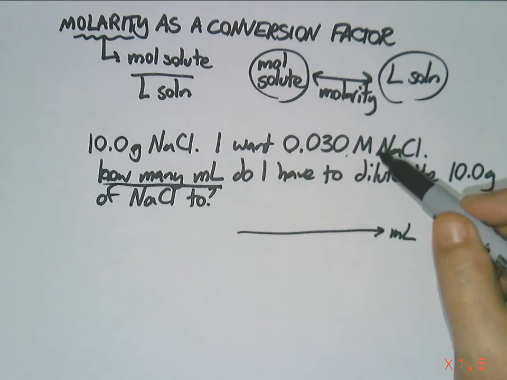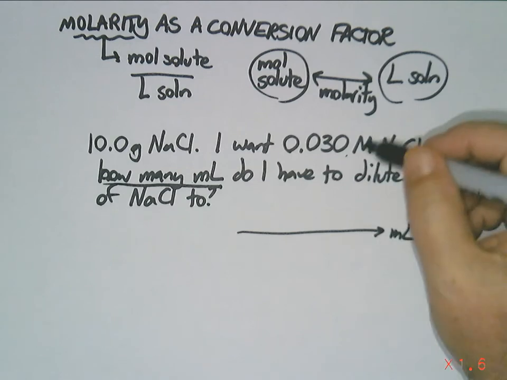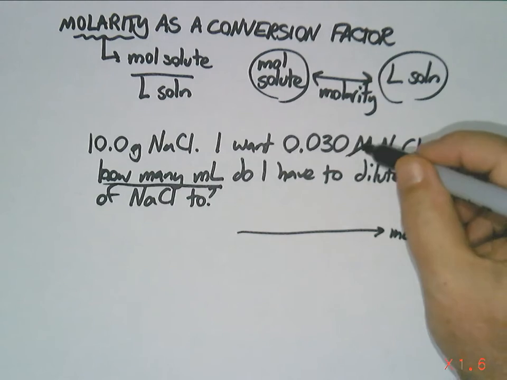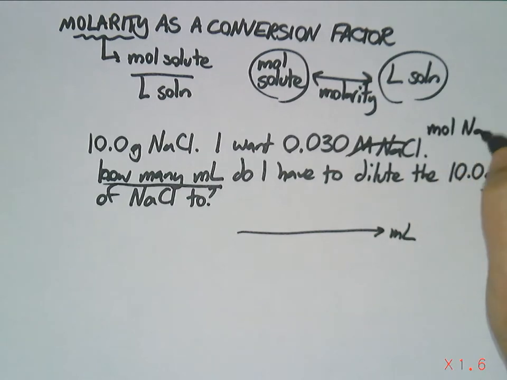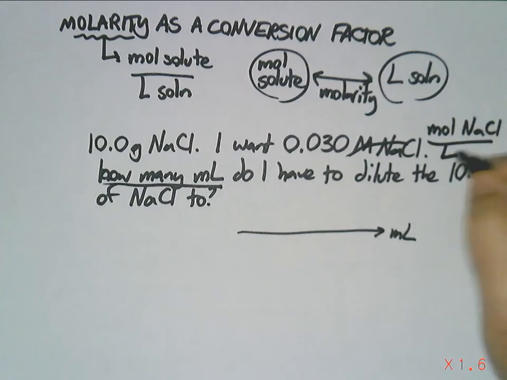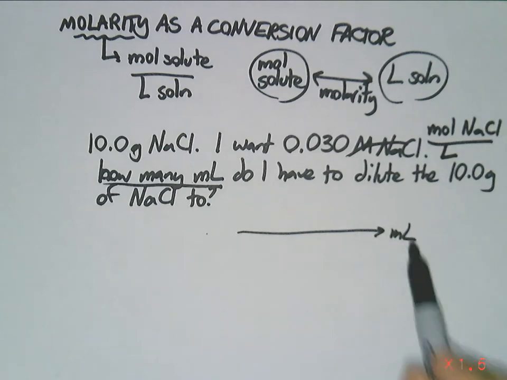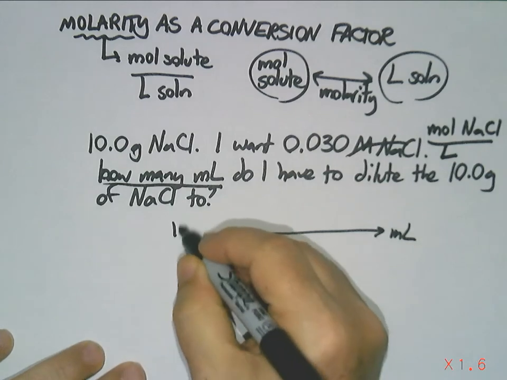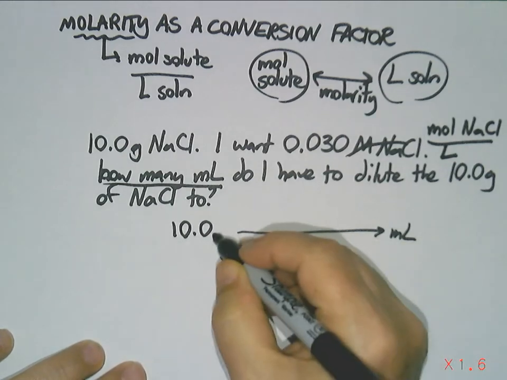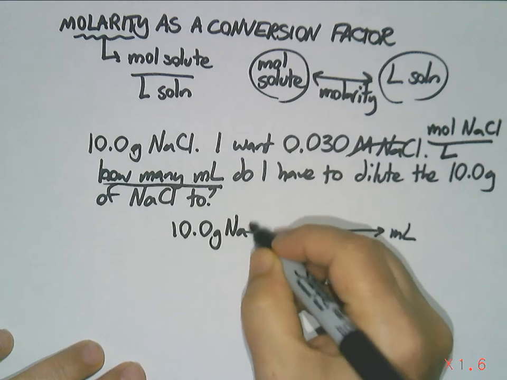Anytime you see the capital M in a problem, you can cross it out and replace it with moles of whatever that is per liter of solution. So that's a fraction, and you don't want to start a conversion into something that's not a fraction with a fraction. You want to use this. This is not a fraction. It has the same shape as where you're going.